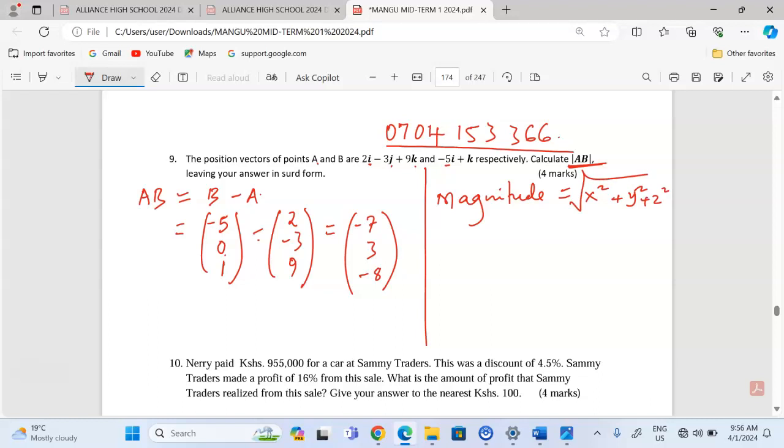So I will need negative 7 squared plus 3 squared plus negative 8 squared. Then I obtain the square root. So what I'm going to have is 7 squared plus 3 squared plus 8 squared. Then I take the square root. So I'm going to have the square root of 66.